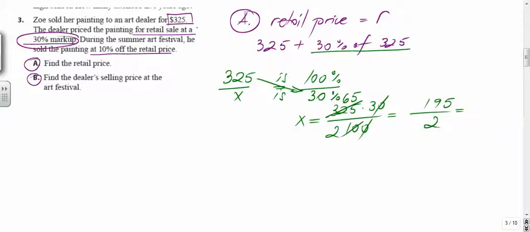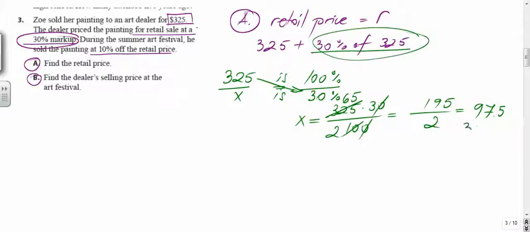Over 2. And here you find that the 30% was 195 divided by 2, which is what? 2 goes in 19, 9 times. 2 times 9 is 18, 2 goes in 15, 7 times 0.5, right? So 97.5 was the 30% of 325.